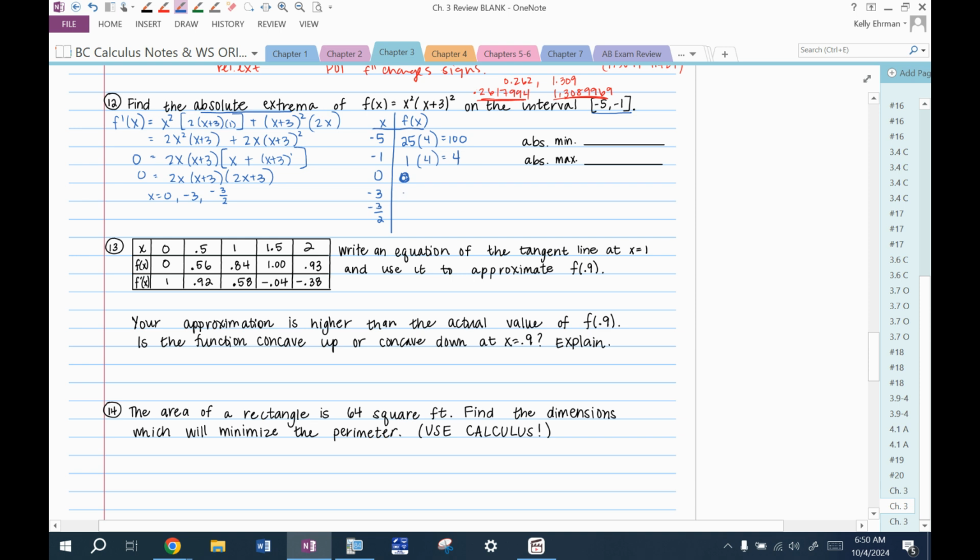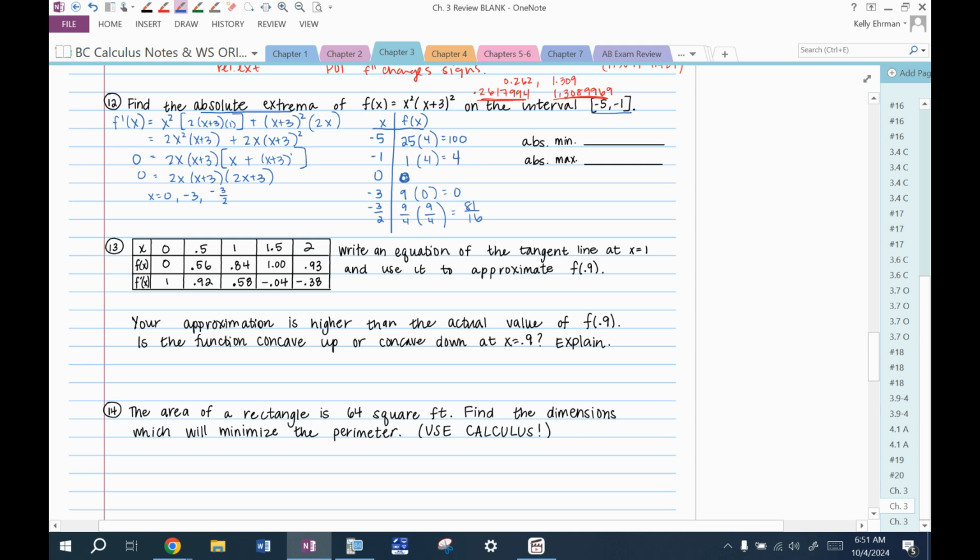If I put in -3, I get 9 times 0 squared. That's 0. And -3 over 2, that would be 9 over 4 times, let's see, -3 over 2. So -1.5 plus 3 is +1.5, and then you square it. So you get 81 over 16.